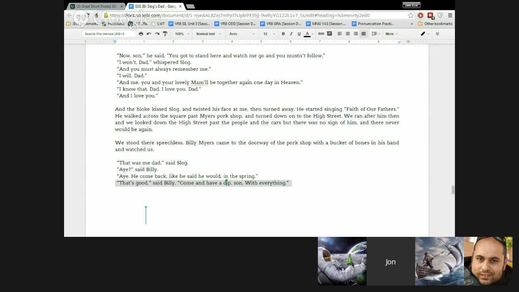So, without saying it directly to us, we've got a moment where everyone understands what's going on, except Slog. Slog's too young, I guess. But everyone seems to understand, and you can see it in their behavior. Billy knows that it's not really his father, or at least he thinks, a bunch of kids, what do they know?